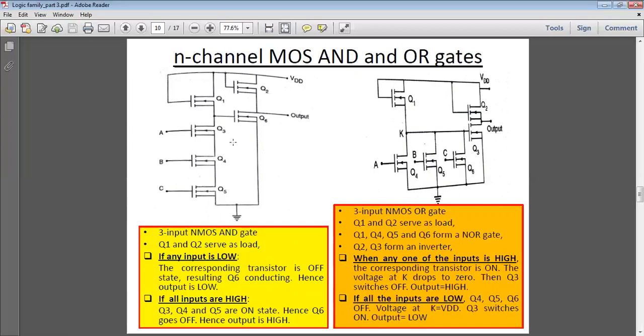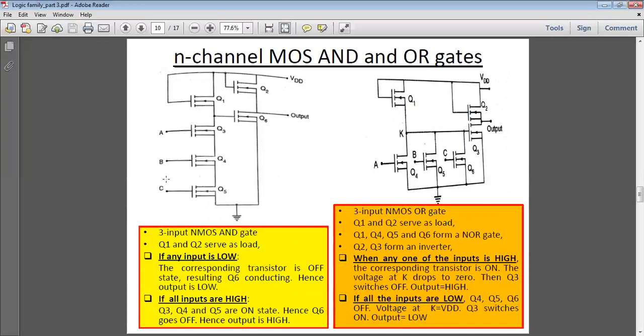If any input is low, then the corresponding MOSFET is off. That means the Q6 will be in conducting because it gets the voltage. So if it is conducting, that means output will be low. So if any one is low, then you get low output.